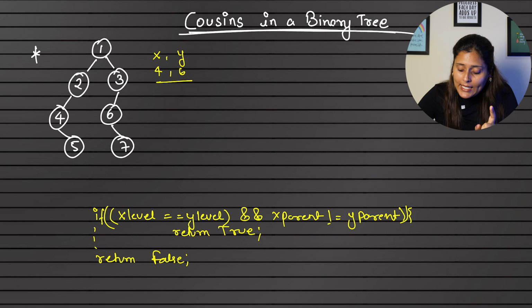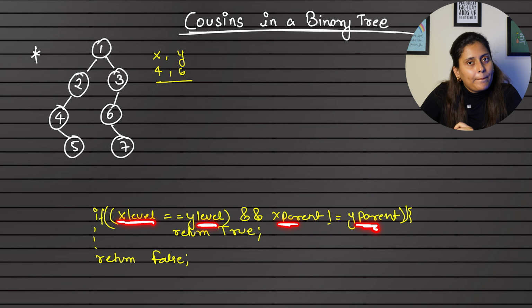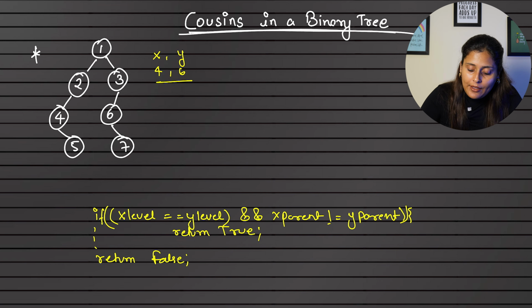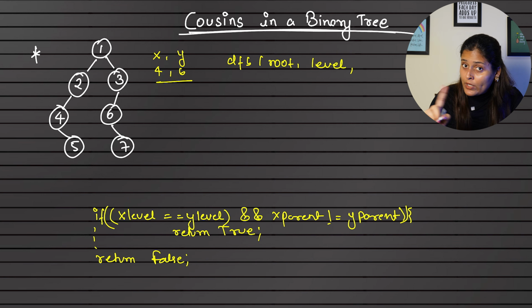So one thing I can say is that I have to fill these 4 variables. If I can fill these 4 variables, I can simply return true or false. But how will I fill them? In the DFS call, where I was just sending my root, I have to send the level also, because this will keep varying from parent to children.